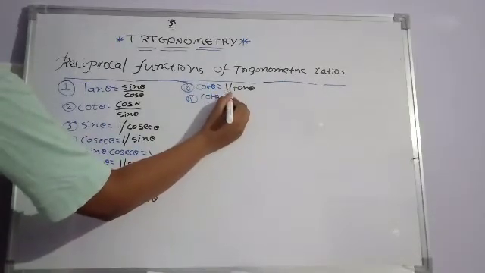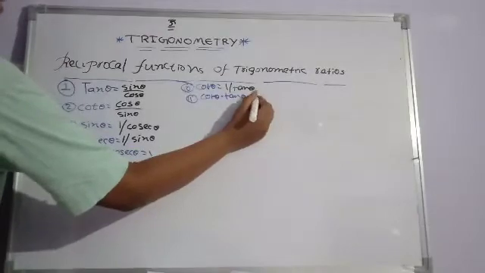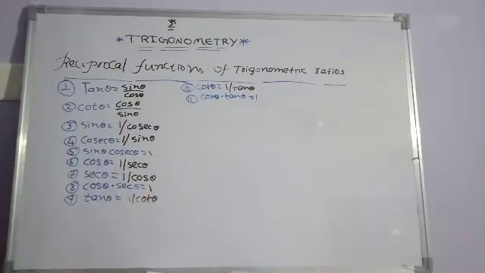Cot theta into tan theta is equals to 1. Okay. These are the 11 reciprocal functions, and we must always keep in mind these 11.